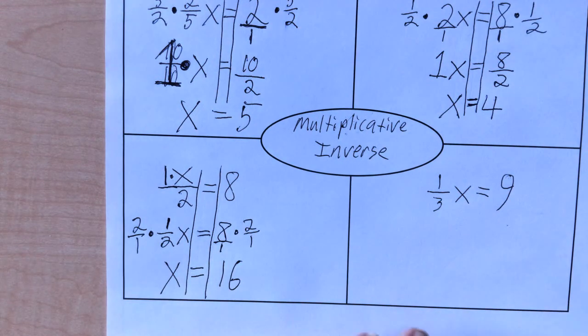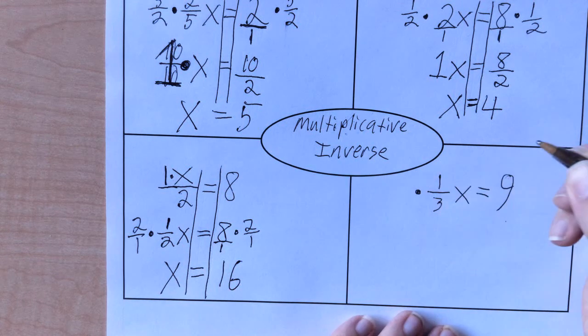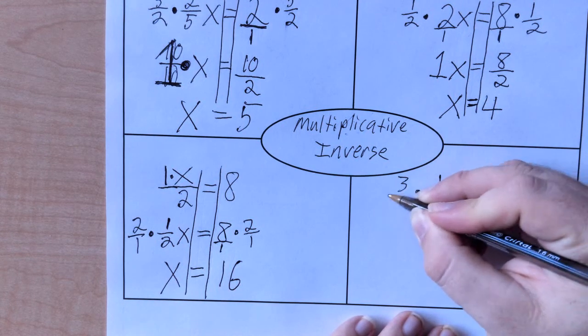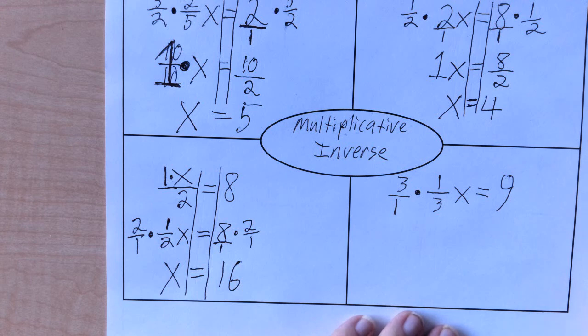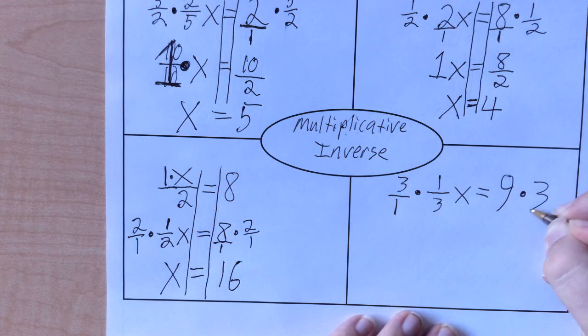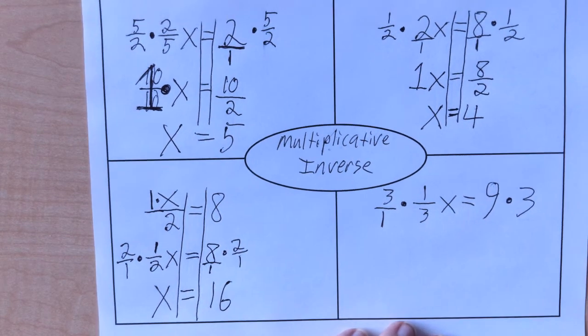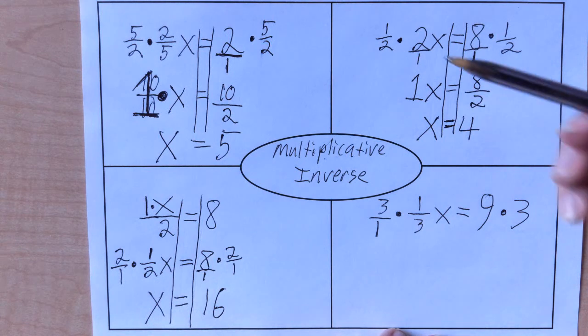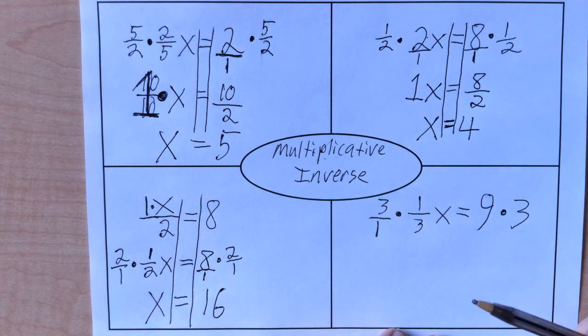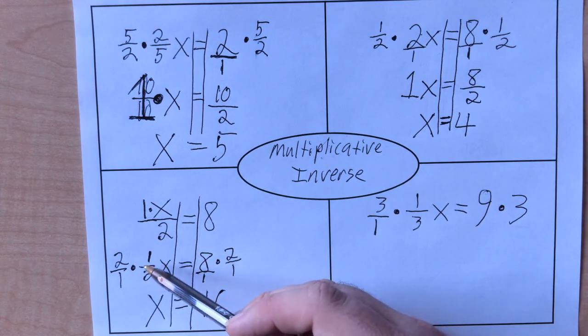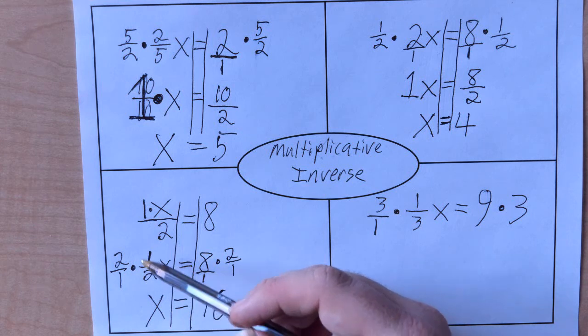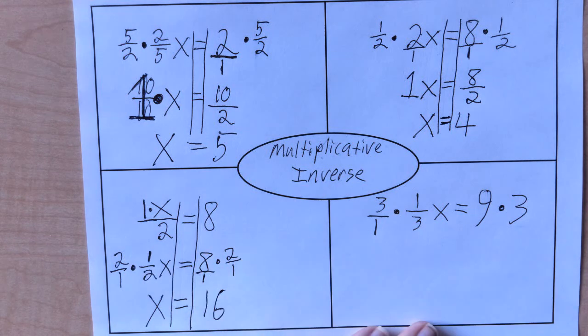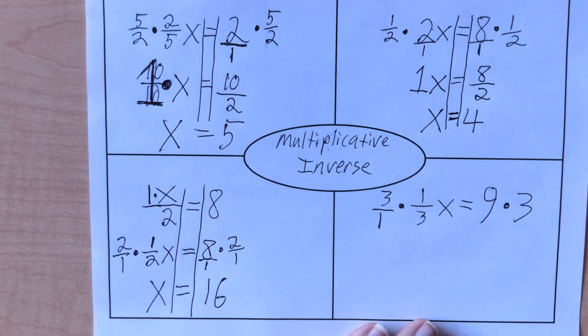All right, here we see I'm going to multiply by the reciprocal, right? The flipped version would be 3 over 1, which is the same as just saying I'm multiplying by 3. So hopefully you see now that if you have a number like 2, you could write that as 2 over 1. If you're multiplying x by 1/2, the reciprocal you could write as 2 over 1 or think of it as just 2, right?